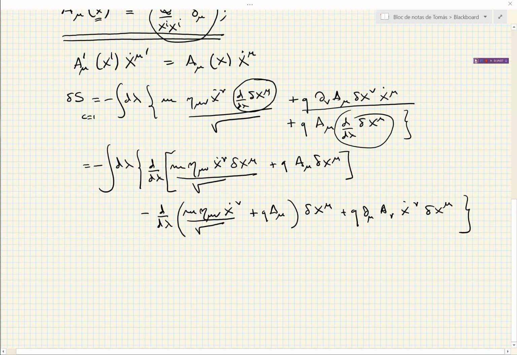Let me forget about the total derivative, because we know that the boundary conditions will set it equal to 0, and the only contribution are these two terms.